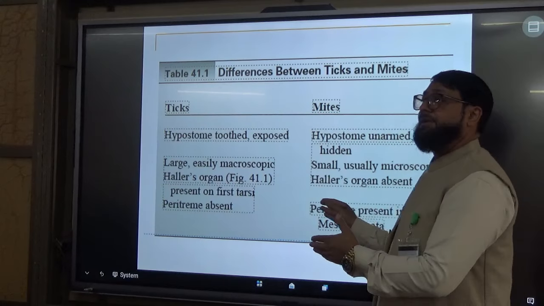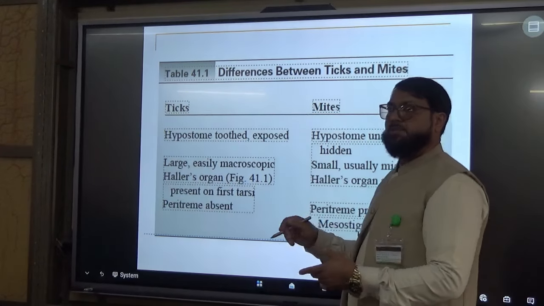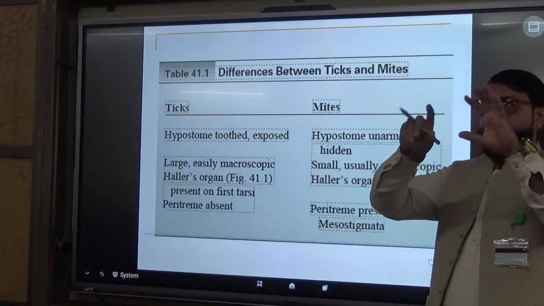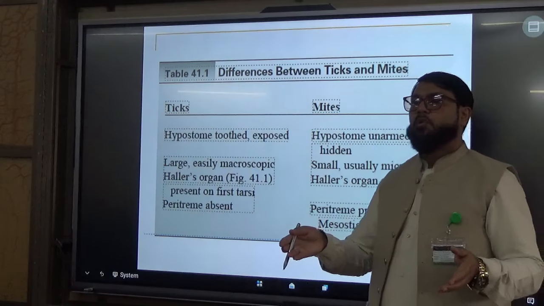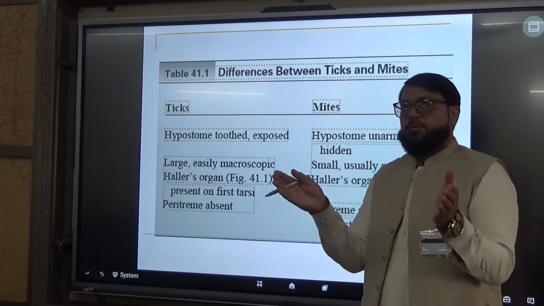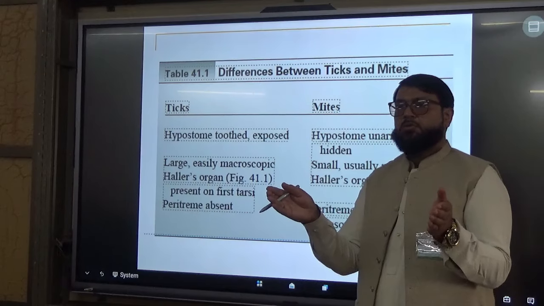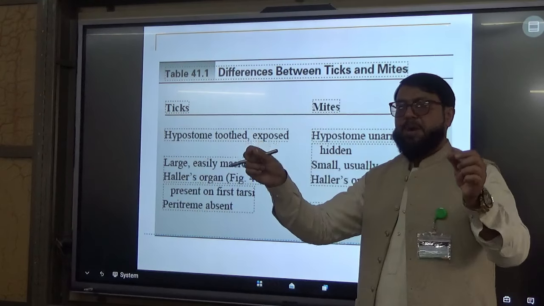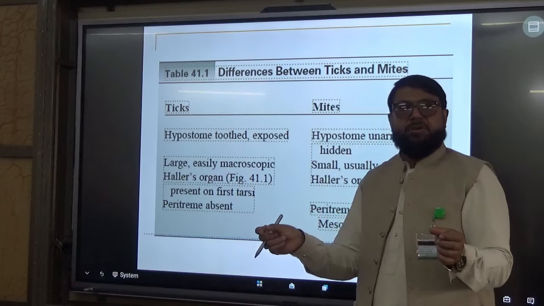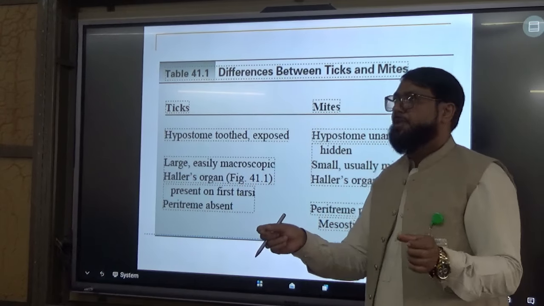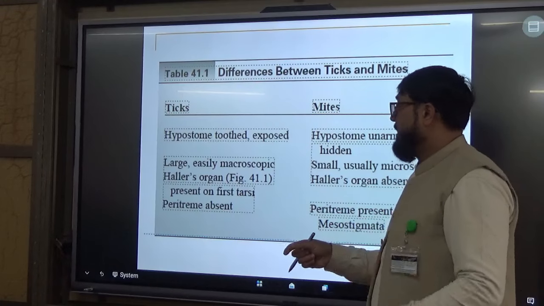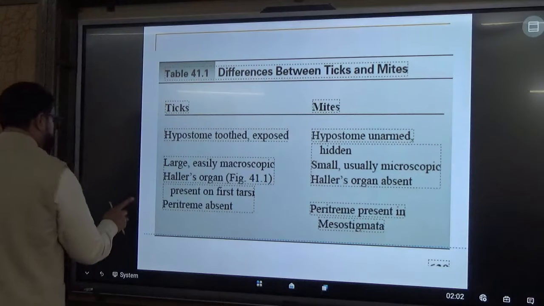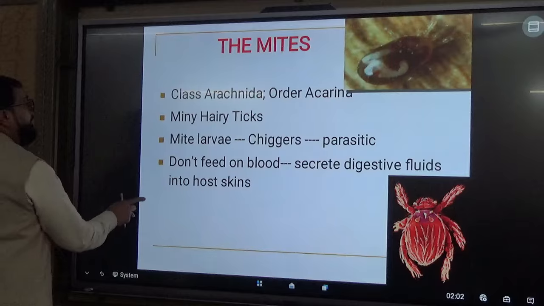Here I am talking about the adults. In adults, the body has a peritreme, a margin which runs on both sides of the head and reaches up to the middle of the body. That is called the peritreme. I'll show you in the picture.